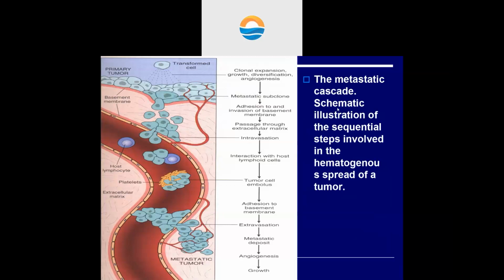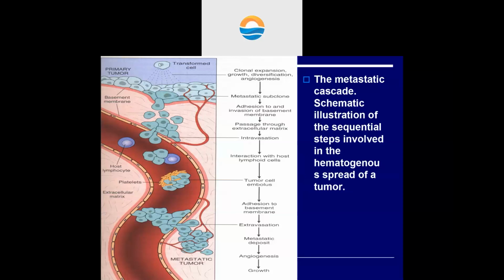Here you see the picture of the metastatic cascade. The schematic illustration of the sequential steps involved in the hematogenous spread of the tumor.